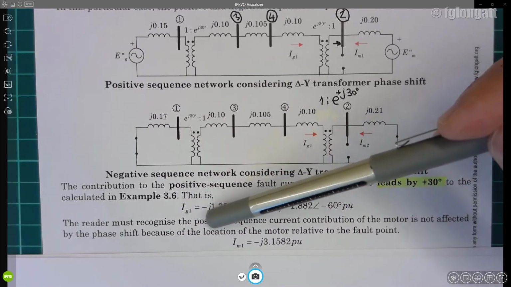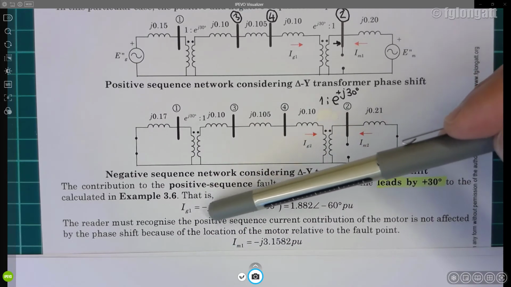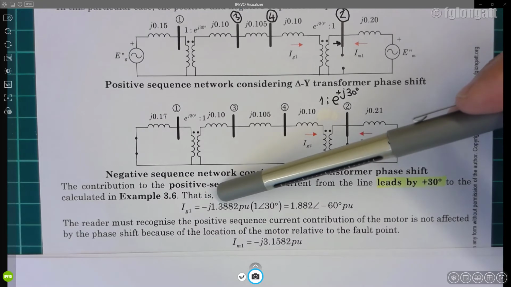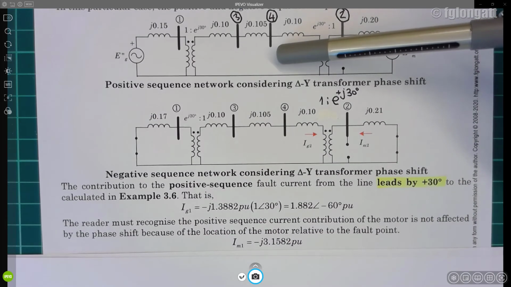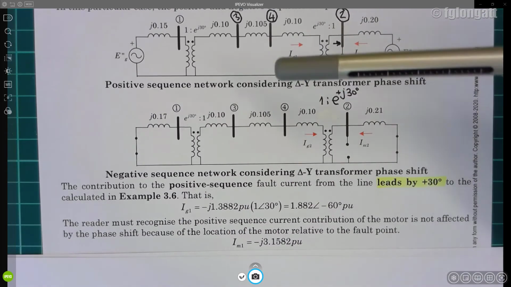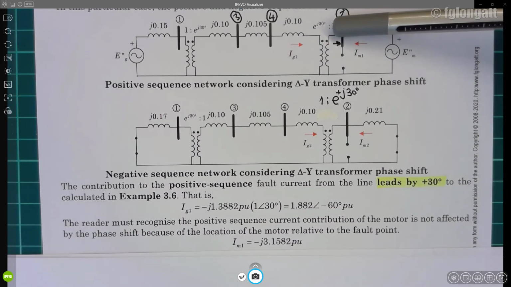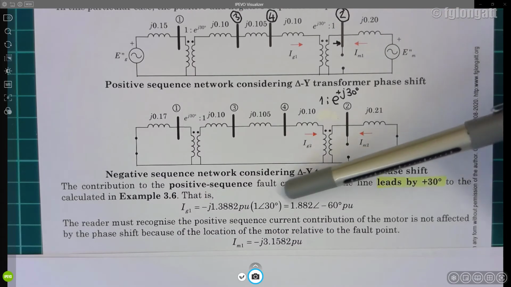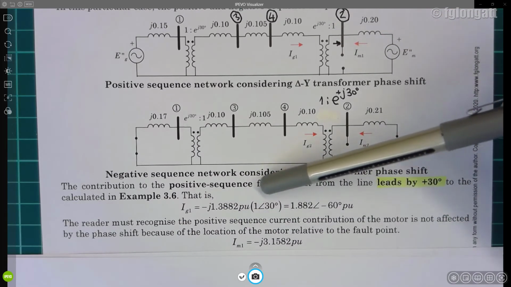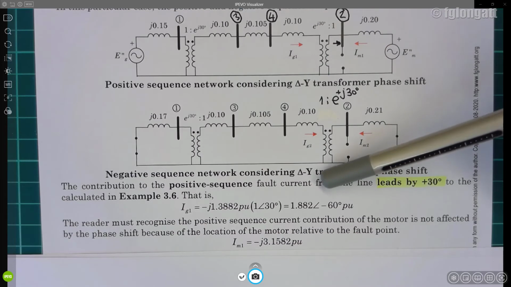The original current calculated in example 3.5 was minus j1.38. But because we are moving from the high voltage side to the low voltage side of this transformer, or in other words, we are moving from the star connected to the delta connected winding, what we need to do is include a positive 30 degree phase angle, and that means that this current will be leading the current from the star side by 30 degree.